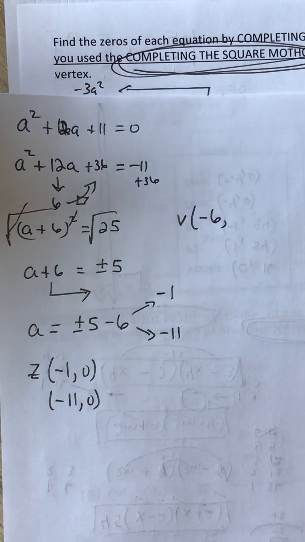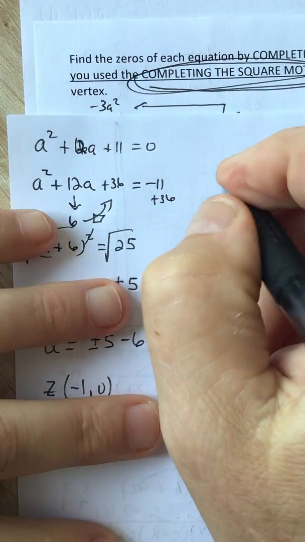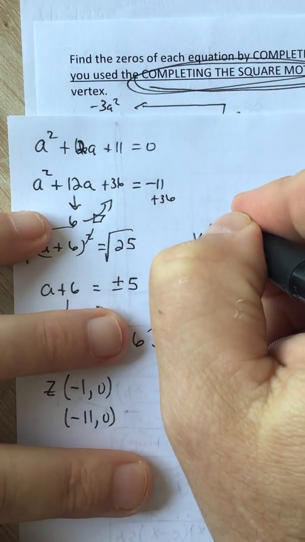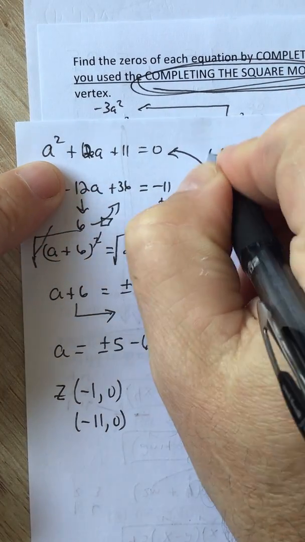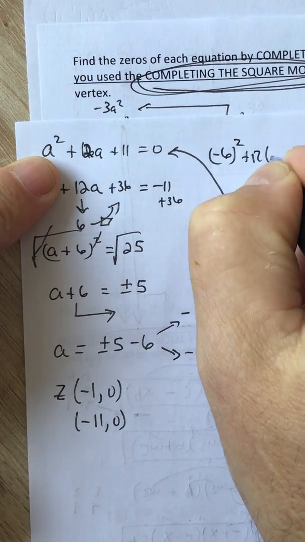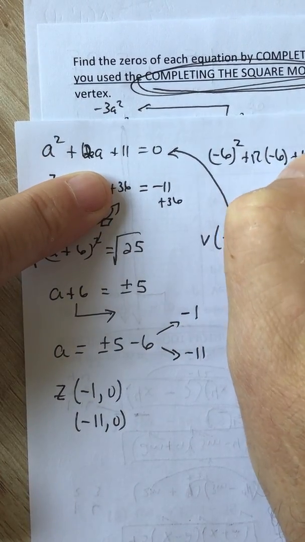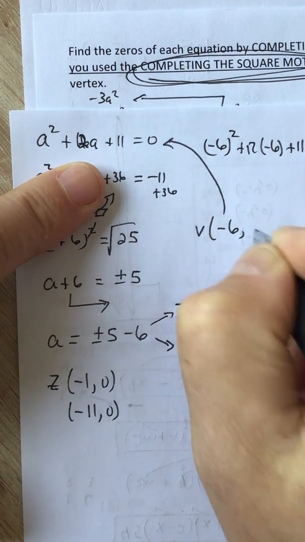Now I've got to figure out what all this stuff is when you stick a negative 6 in there. So you take the negative 6 and you put it back in the original equation. Negative 6 squared plus 12 times negative 6 plus 11 equals the y, which is what's missing.